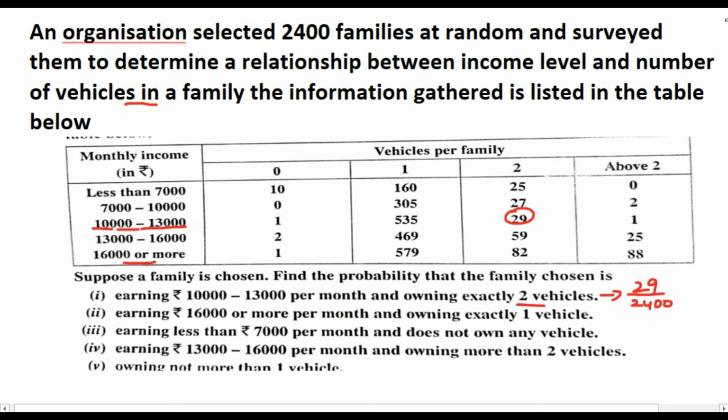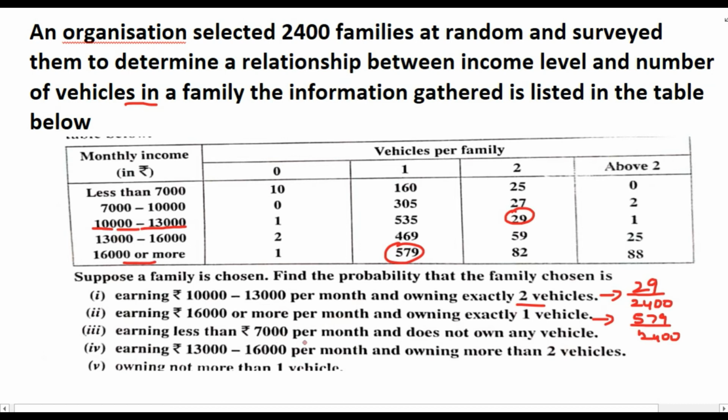So you should see the last row, 16,000 or more per month and owning exactly 1 vehicle. So this will be the answer, 579. Probability means the total number of families owning 1 vehicle divided by the total number of families. So 579 divided by 2,400.